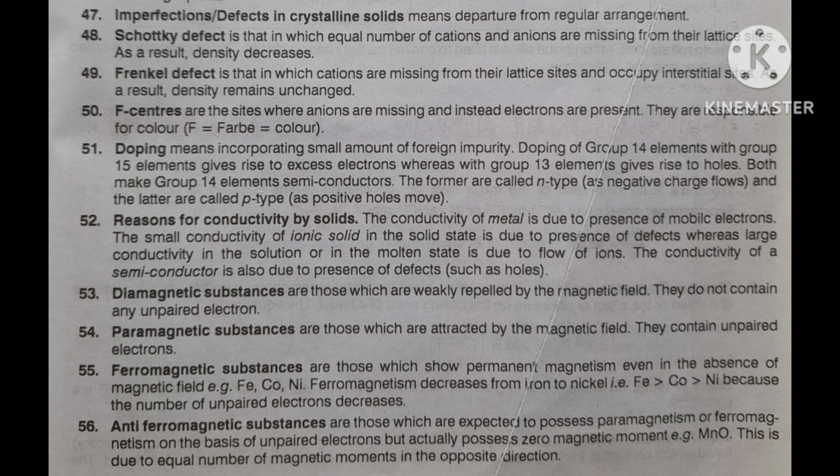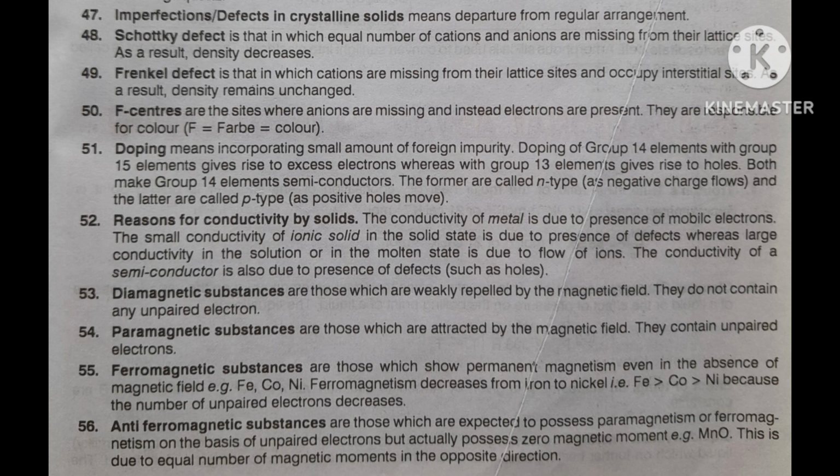Now see, anions have negative charge, but anions are missing, and in their place an electron has come. This is the main thing you should understand. Anions are missing, and in their place electrons are present, and these electrons are responsible for color.